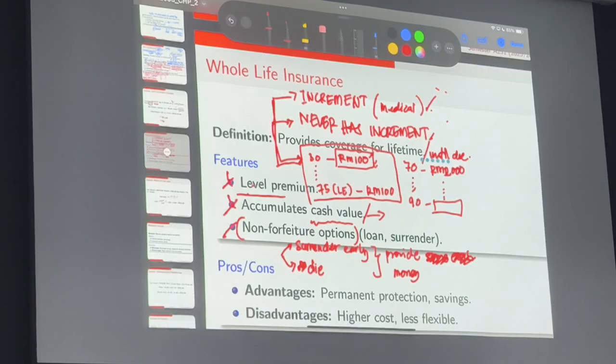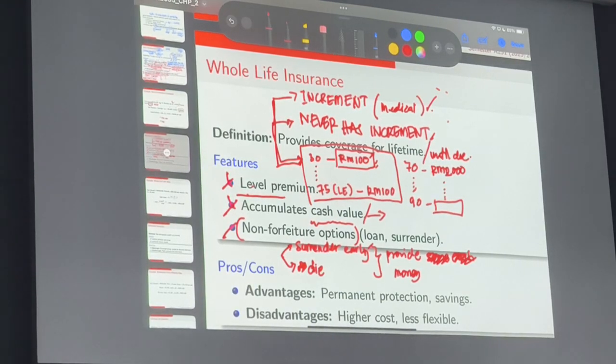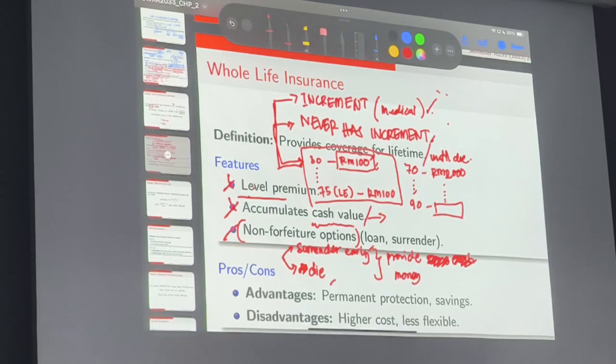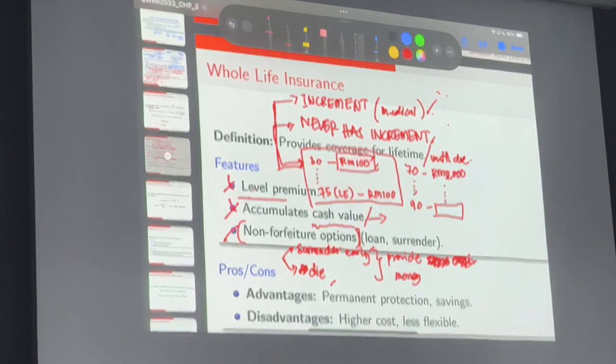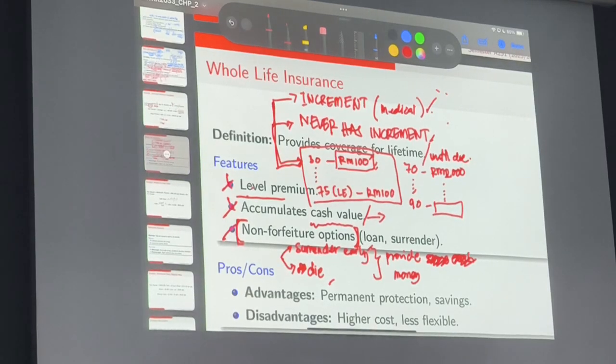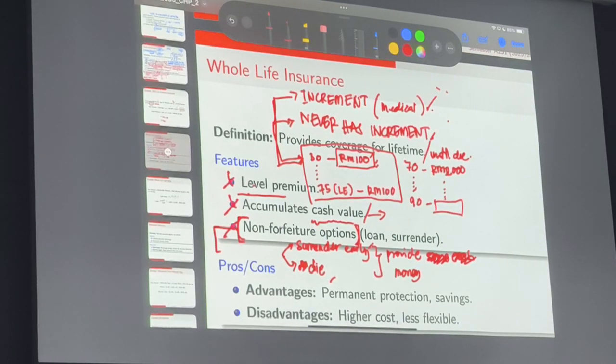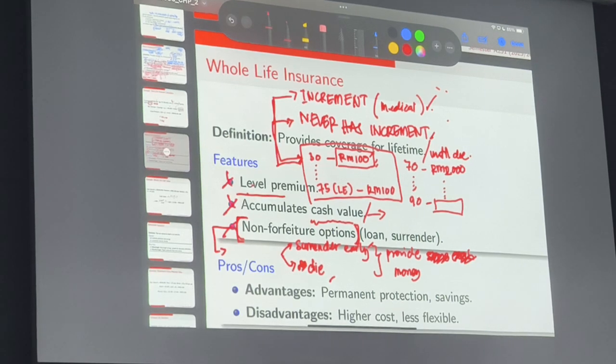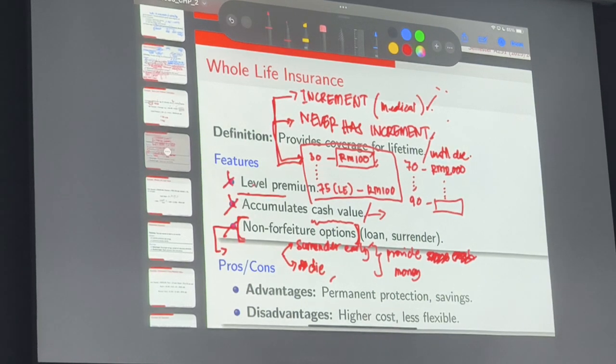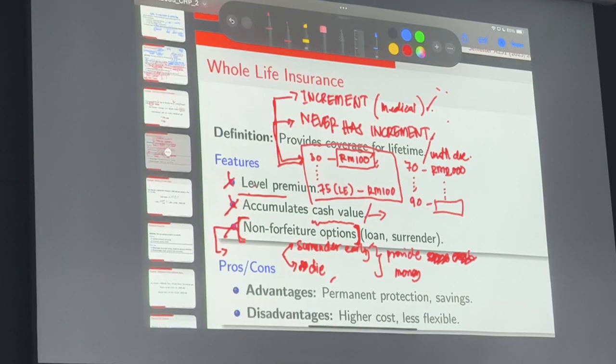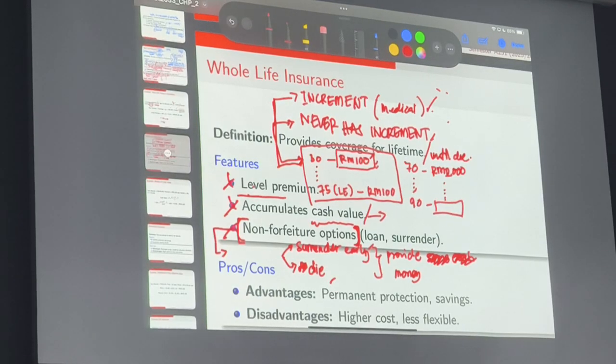Okay, sama ada in the case of surrender early and die, of course lah, kita akan dapat duit. So that is non-forfeiture options. So maksudnya dalam bahasa mudah lagi, kita tak akan dapat tangan kosong. There is no such thing as we get nothing. No, we will have something at the end of the policy. So end of policy is either two options lah. End policy is either surrender or die.